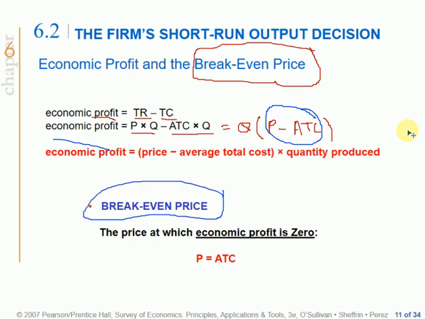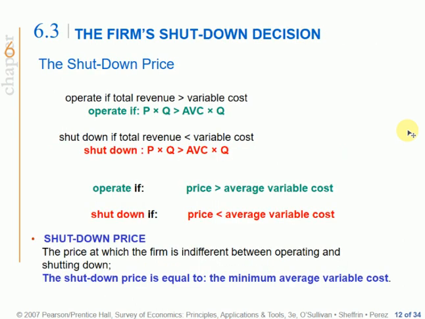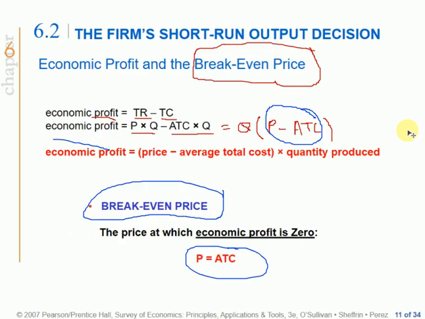And the break-even price is the price at which economic profit is 0, P equal to average total cost. This is the first information we need to determine whether the firm is earning positive profits or losing money.